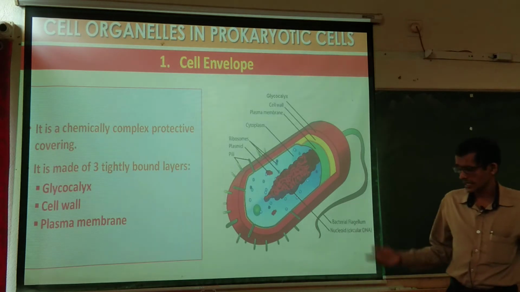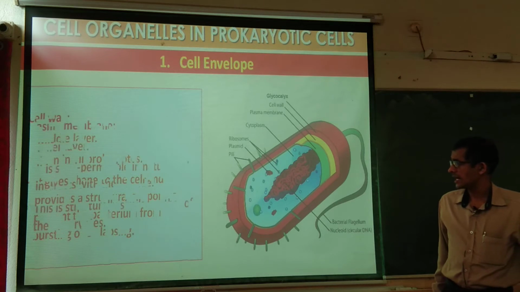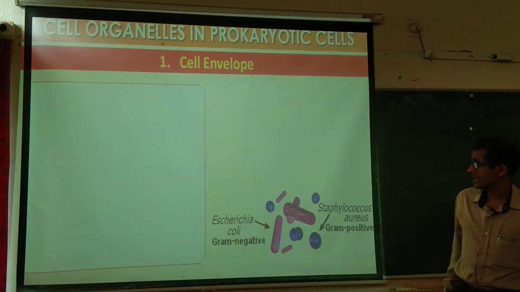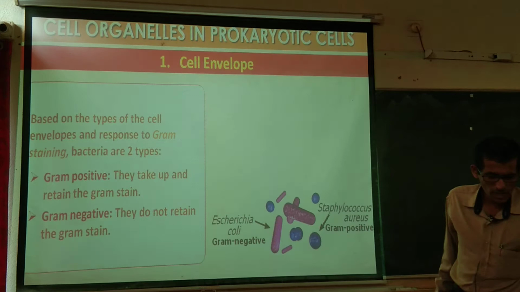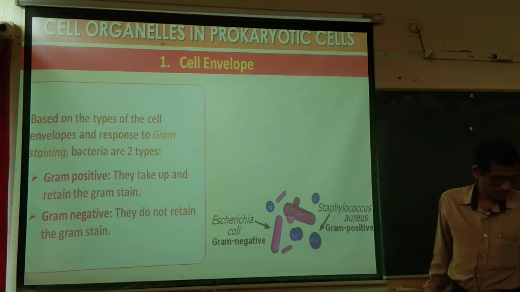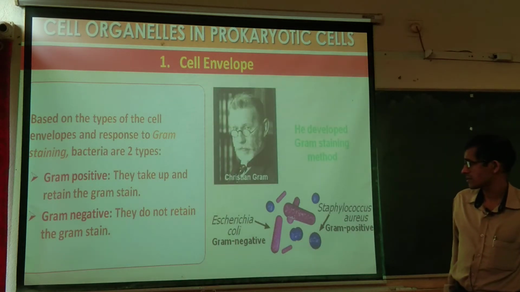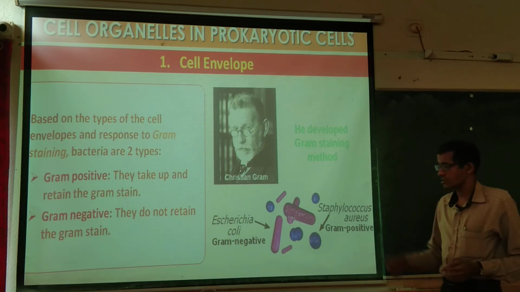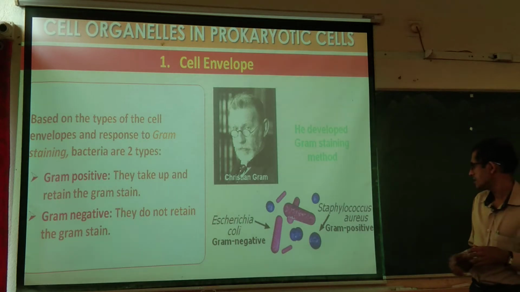We studied what is meant by glycocalyx, cell wall and plasma membrane in yesterday's class, isn't it? Depending upon the nature of the bacterial envelopes and their response to gram staining, gram positive and gram negative bacteria were identified. This staining procedure was introduced by Christian Gram, where crystal violet is utilized.